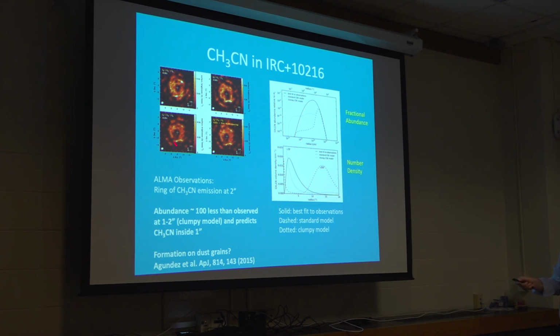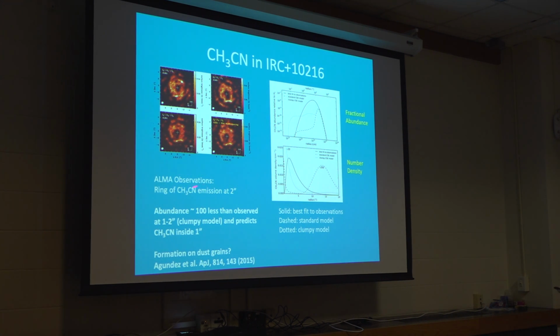Instead, what ALMA saw was that there's a ring of methyl cyanide emission at 2 arc seconds from the star, and it contains a hole that's about 1 arc second in size. And so this again is an observation by Chernacharl.